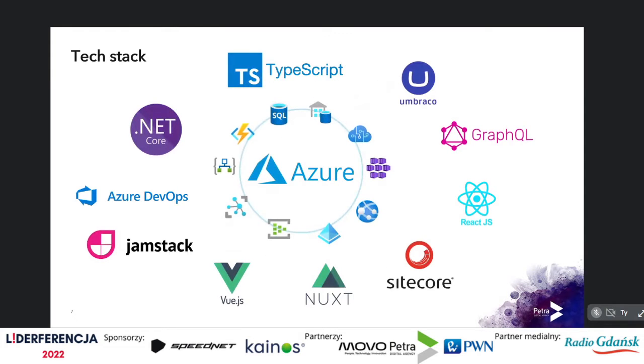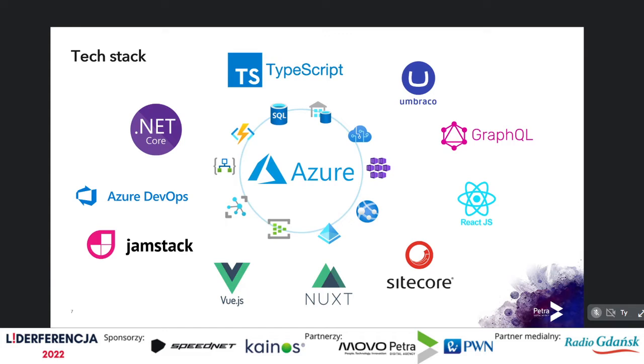This is the tech stack that we use at Petra. I know this is probably a lot of names that maybe not everybody has worked with. I would say that a couple of years ago, we were only using the .NET stack. That means .NET, SQL, Windows Server, Azure, and using that to build Sitecore solutions and so on.